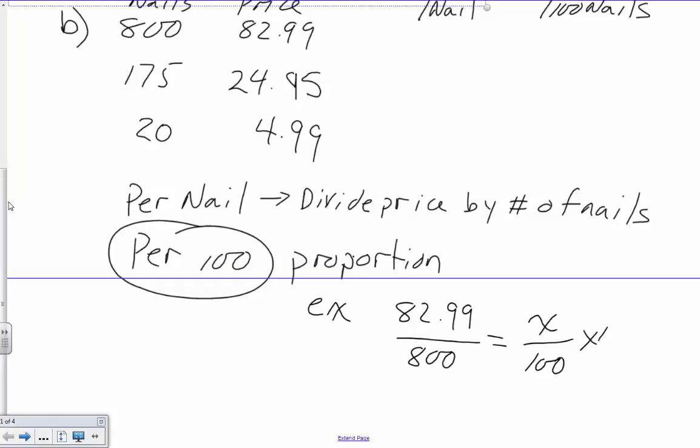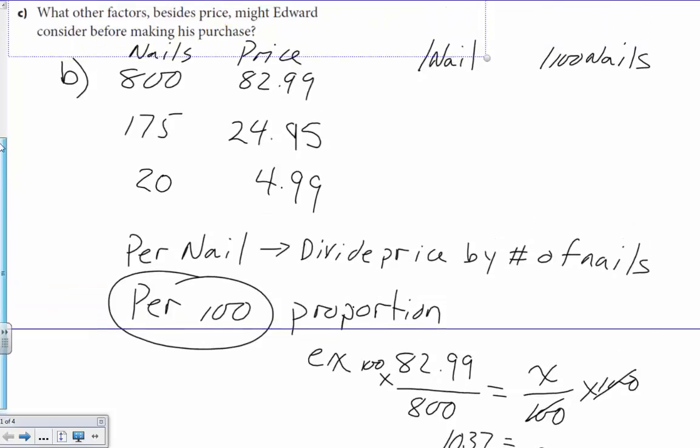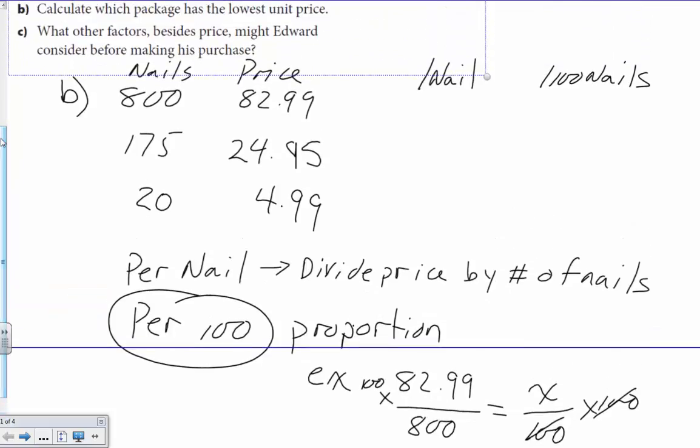So I multiply both sides by 100, and that cancels, I get X by itself, and I'll have my answer. And I need a calculator to figure that out. And you get 1037 equals X. Now that's how many per 100 nails. So that's an option.